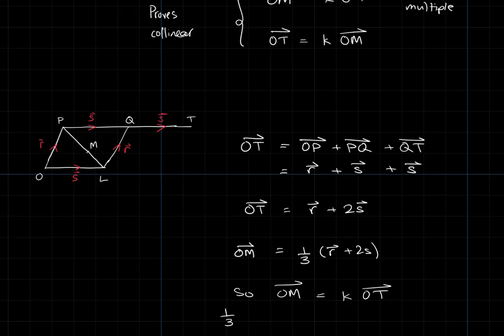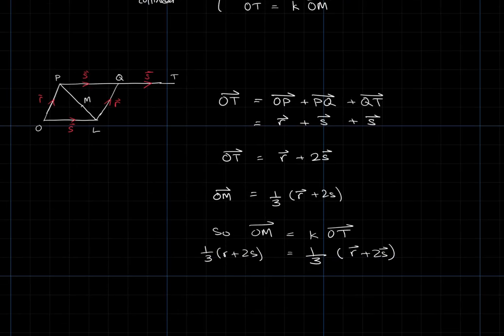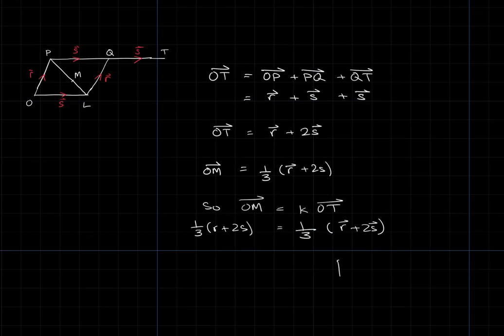That's that 1/3 R plus 2S here. And OT, we already know is R plus 2S. So that scalar multiple is 1/3. Then we hit them with proven underline.